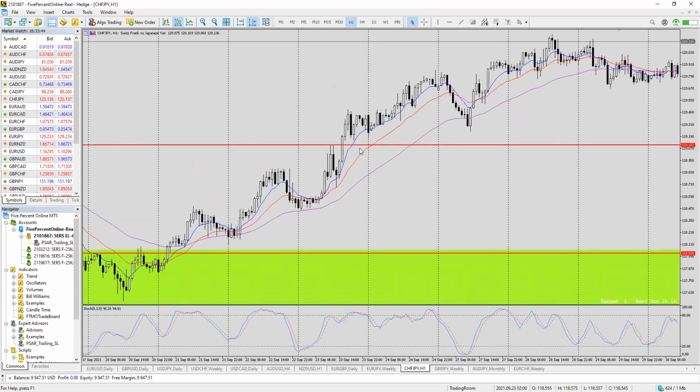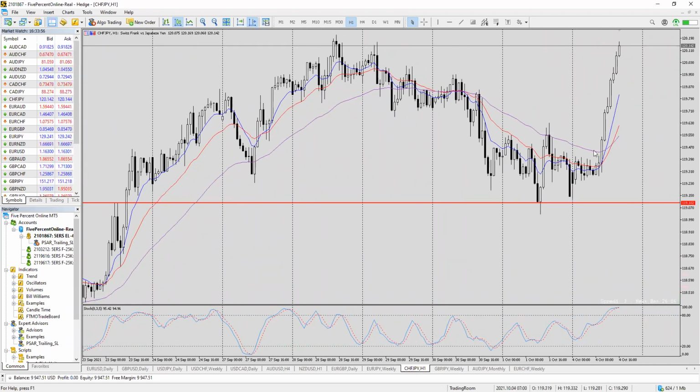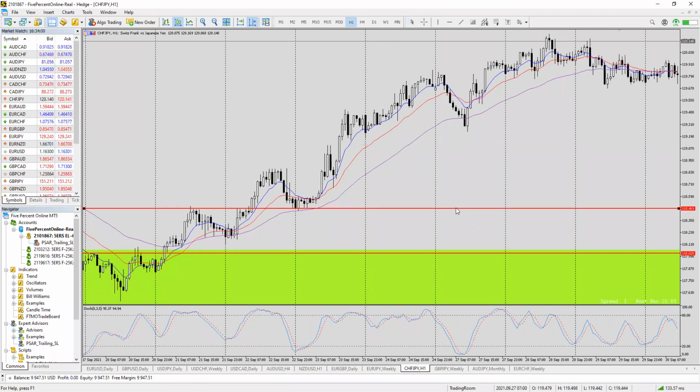Like this resistance line here, breakout, almost a retest, and if you missed it, you have another retest here, or a few retests, or here, for example. Okay, perfect. You have both.